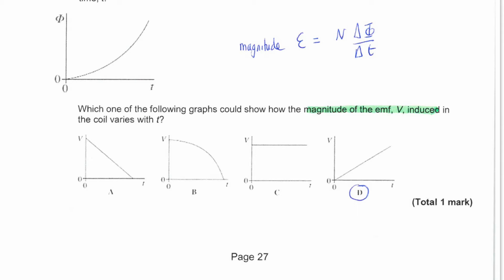In other words, it must be proportional to the gradient of this graph. Here we have flux linkage and time, so the gradient of this graph is the rate of change of flux linkage. So looking at this, you can see the gradient is increasing, so the only acceptable answer is answer D.